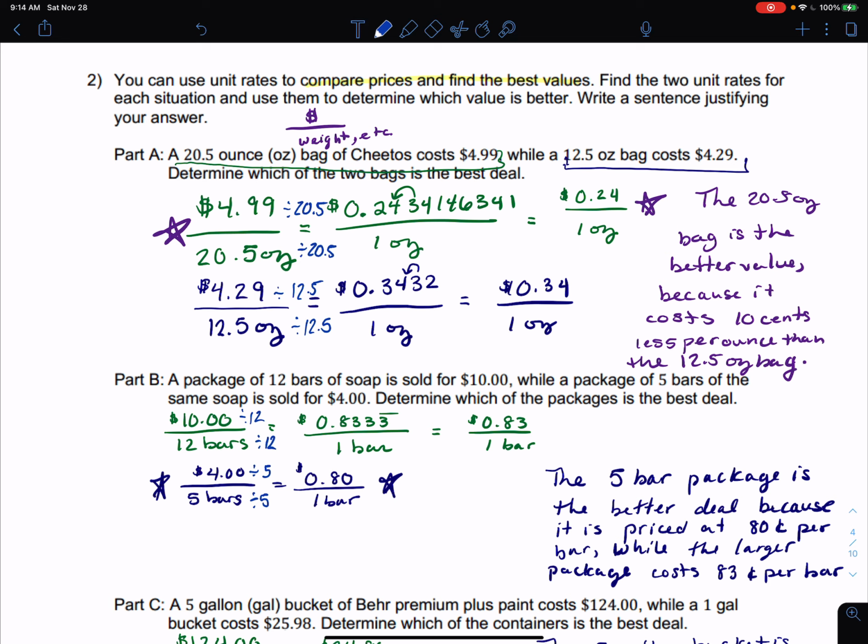So if I'm thinking about the better value, I look for the one that has the smaller cost per bar, which is that $4 for 5 bars. So you can see my answer here. The 5 bar package is the better deal because it's priced at 80 cents per bar, while the larger package costs 83 cents per bar.